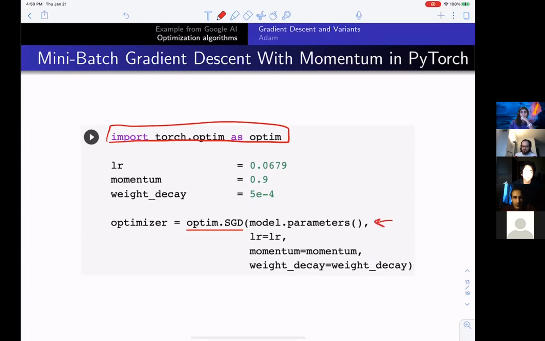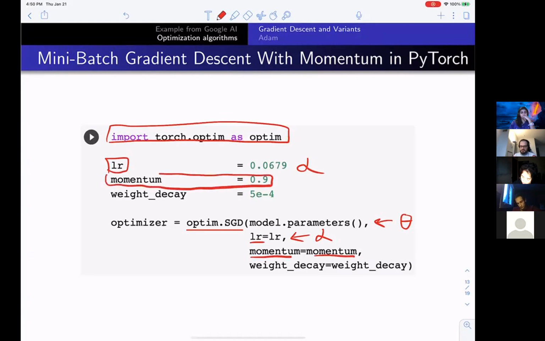The first parameter to the optimizer is all the parameters that need to be optimized, so this is what I previously called theta. So it's a list of all the parameters. The next thing is the learning rate, which is usually denoted by LR, which was previously denoted by alpha, right? The next thing is the momentum, which, as I previously mentioned, is usually 0.9. And the last thing is the weight decay.